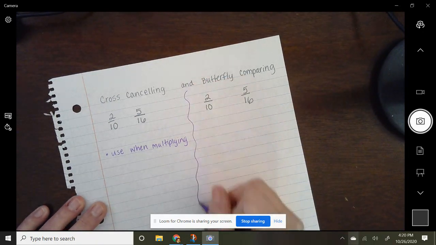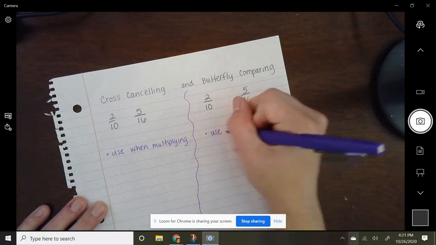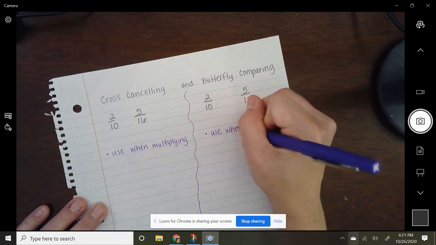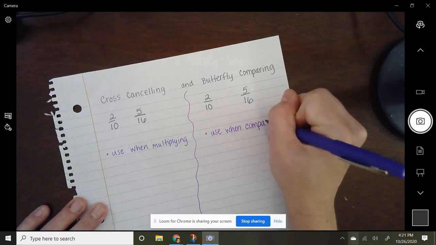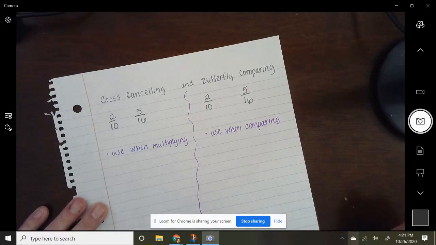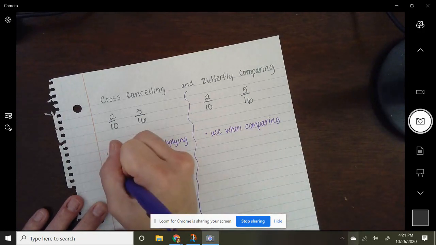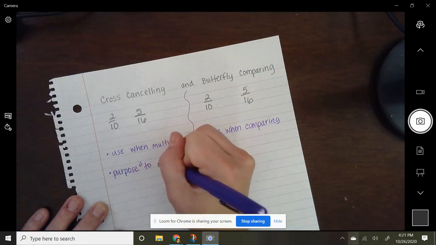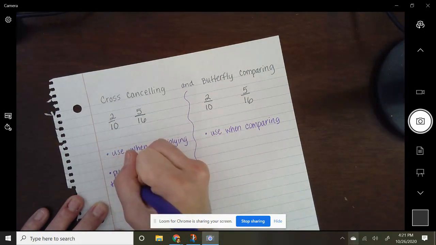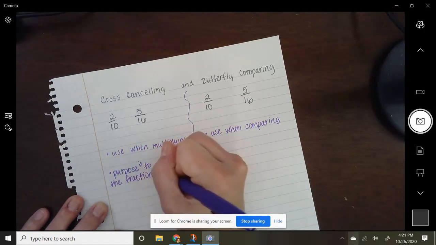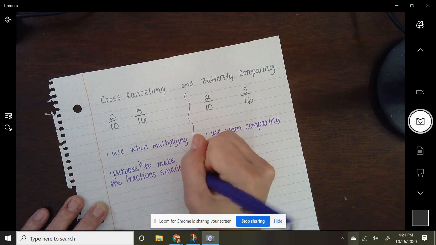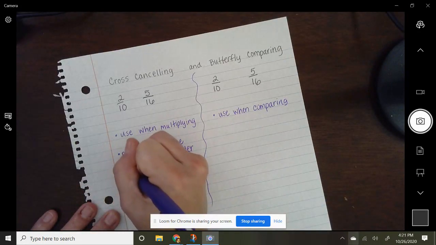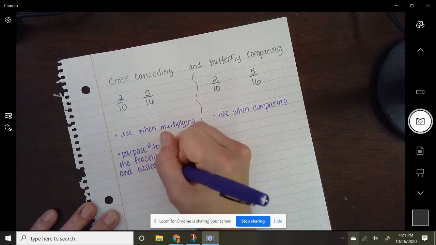So when comparing. Okay, so I am going to just show you cross-canceling, and I'll then show you the butterfly. The purpose is to make the fraction smaller and easier to multiply.